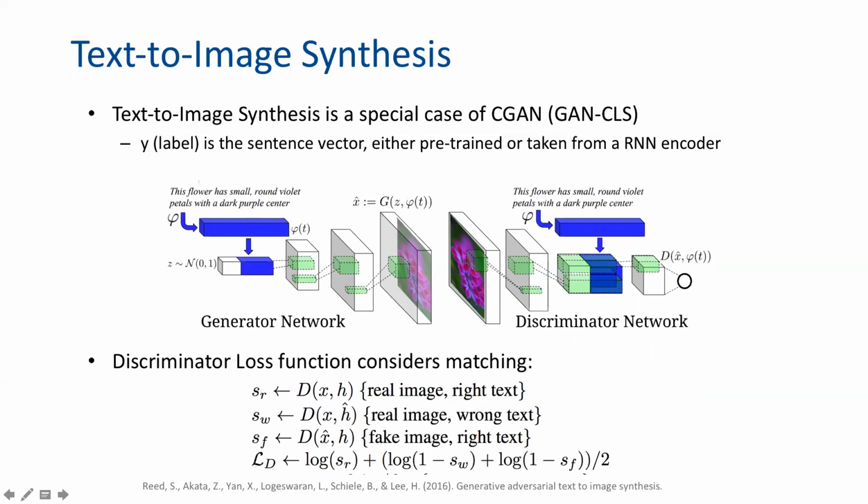The main difference is that, at least in this first implementation, they took a text description as a sequence, ran a recurrent network on it, and in addition added the random component, and that produced a set of inputs to the conditional GAN image generator.